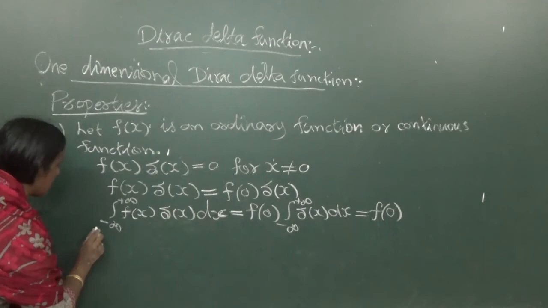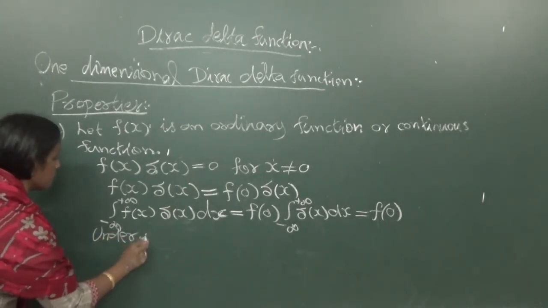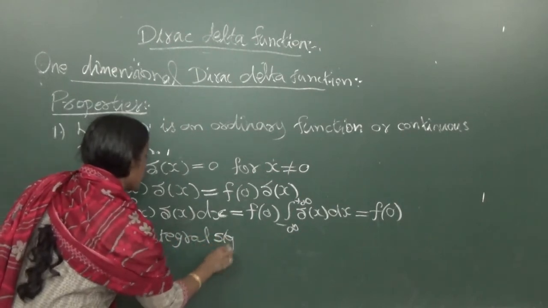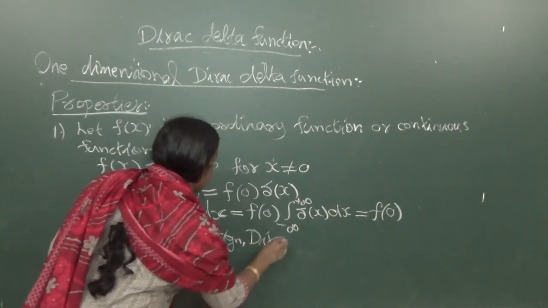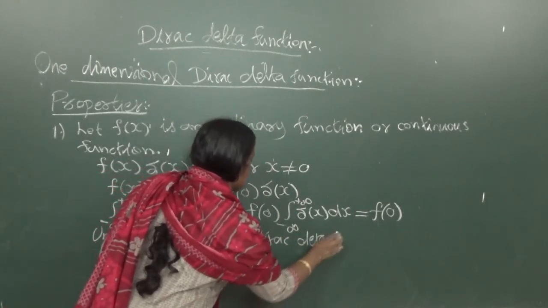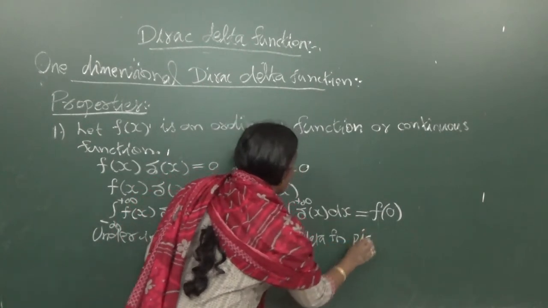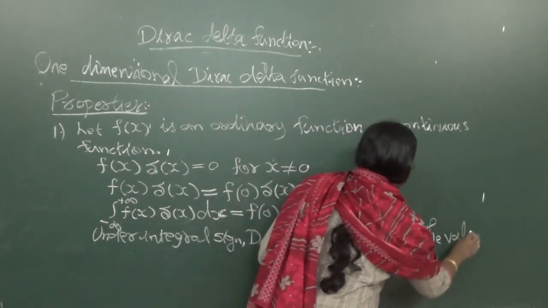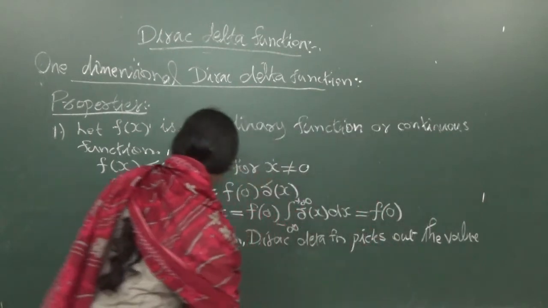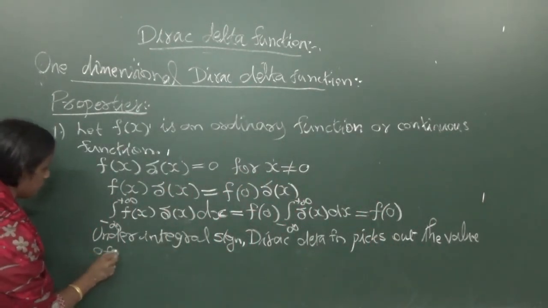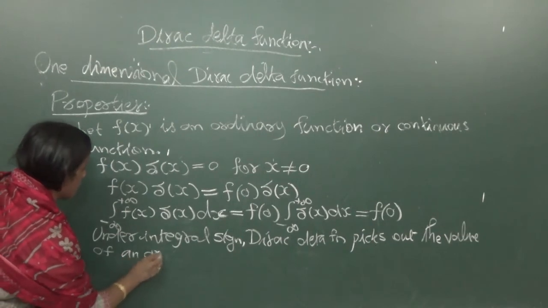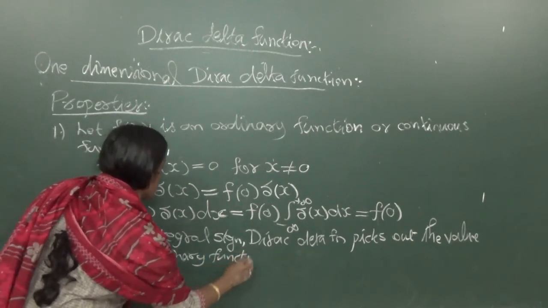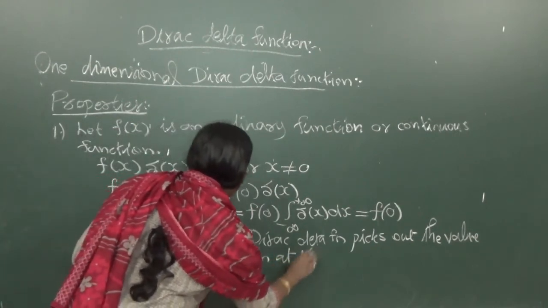So under the integral sign, the Dirac delta function picks out the value of an ordinary function at the origin.